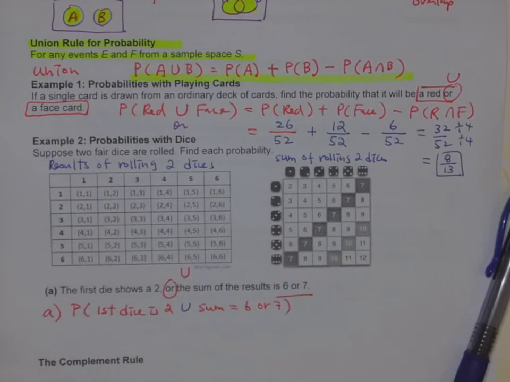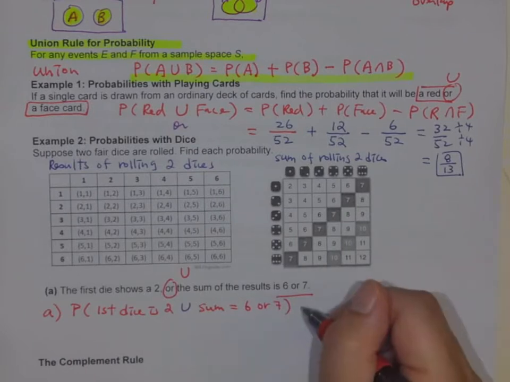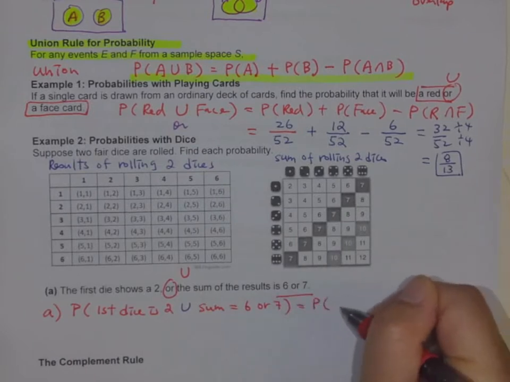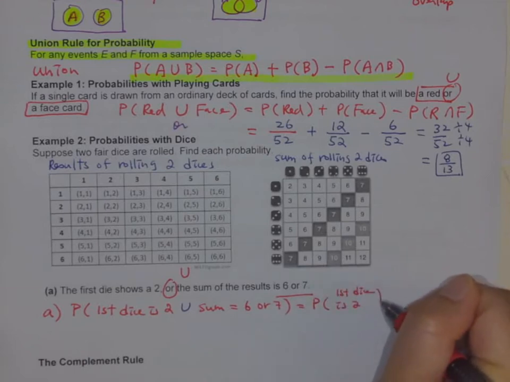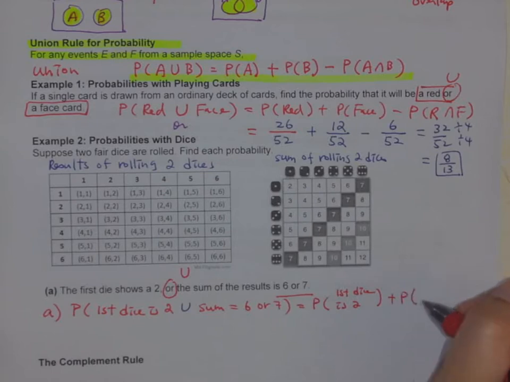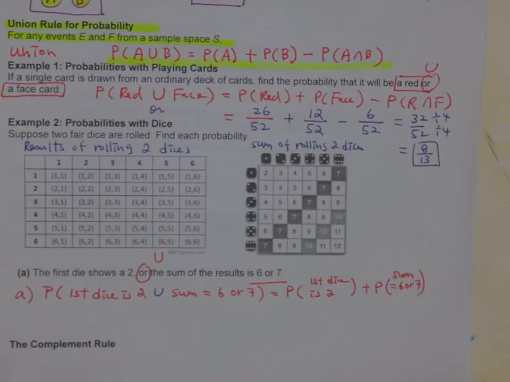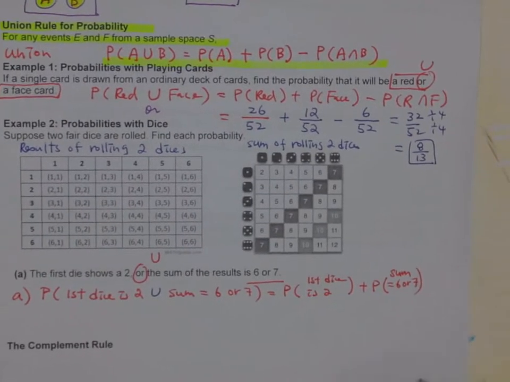Using the same rule, I need to add the probability that the first die is 2, adding the probability that the sum equals 6 or 7, and subtract the overlapping part, right? Subtract P.